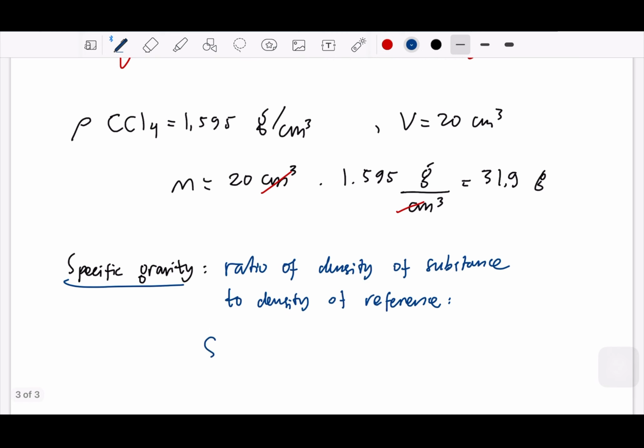So we'll usually write G as rho divided by rho reference. So basically, because this is just a ratio, it doesn't have specific units. It's not having any dimension. But it's stated as some ratio, some numbers.